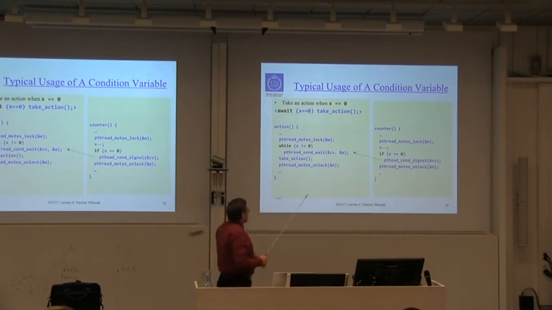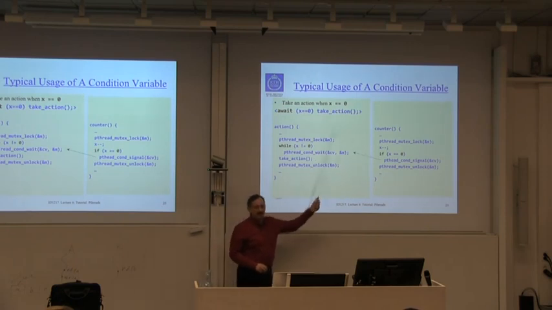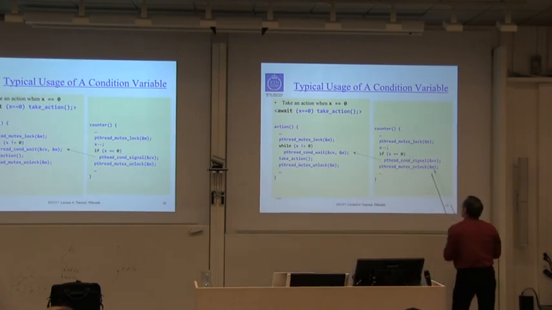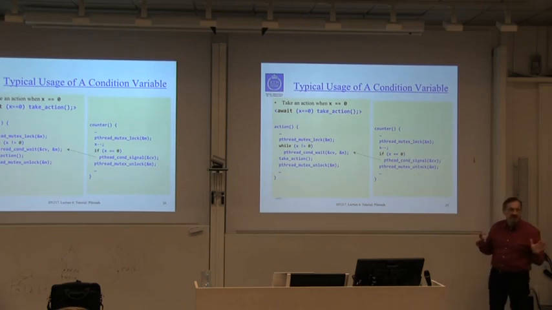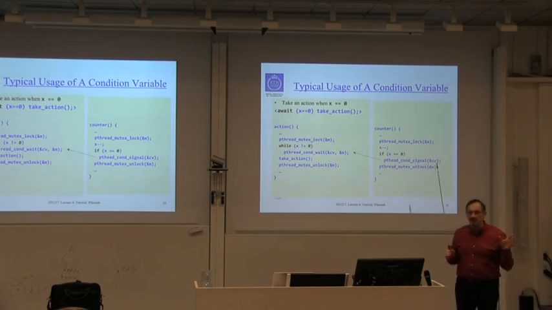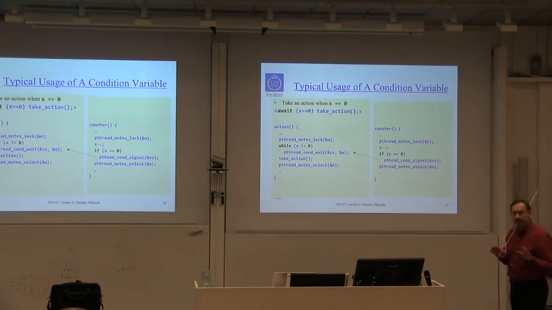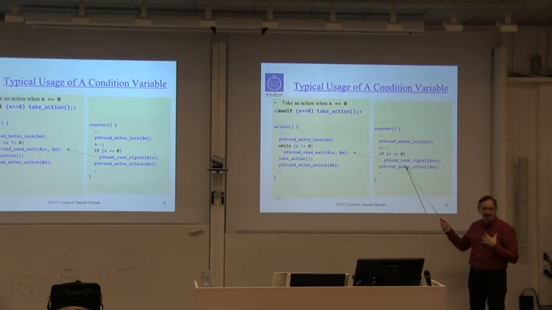Now one can ask, okay, I played the scenario where this wait comes before signal. What if signal comes before wait? It may happen that this thread executes first and makes x equal 0. It says if x equals 0, yes, so it calls signal on the condition variable, but there is no waiter. You remember that in the case of a condition variable, signal has no effect. It's not memorized, not remembered, just lost. But what is essential is that x is equal to 0, and we assume that nobody is going to change it.